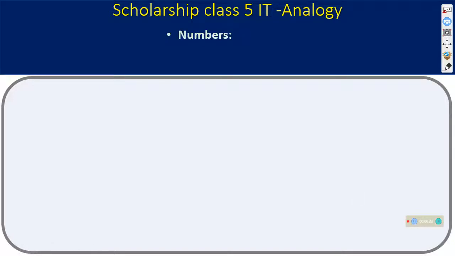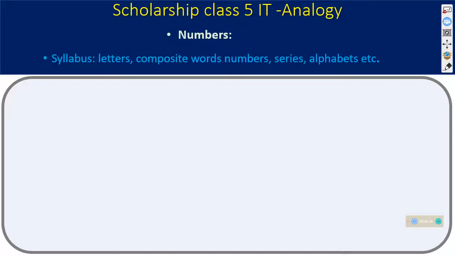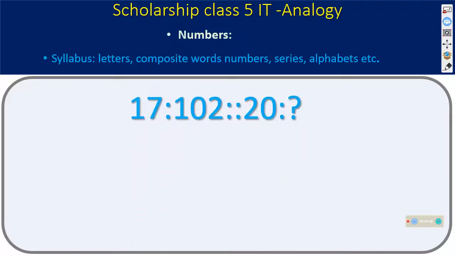This time it will be by using numbers. So let me take you on to the questions. Again, analogy, numbers will be used. The syllabus carries letters, composite words, numbers, series, alphabets, anything such can be used for checking your intelligence. In this case, you are having numbers. Let me take straight away to the question.